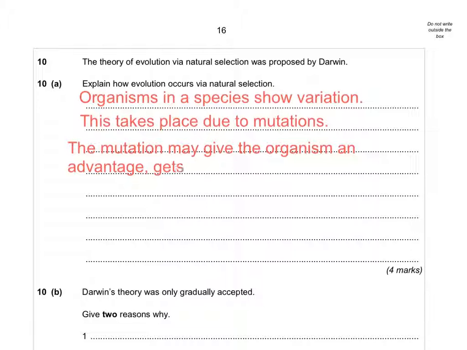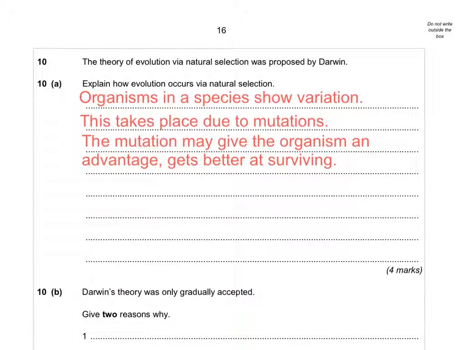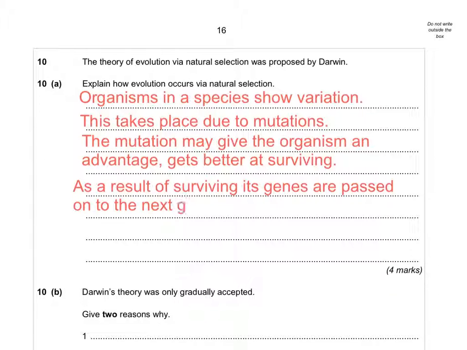So it gets better at surviving. This is why it's called survival of the fittest. And your fourth mark is for saying that as a consequence of its surviving, so as a result of surviving, its genes are passed on to the next generation.